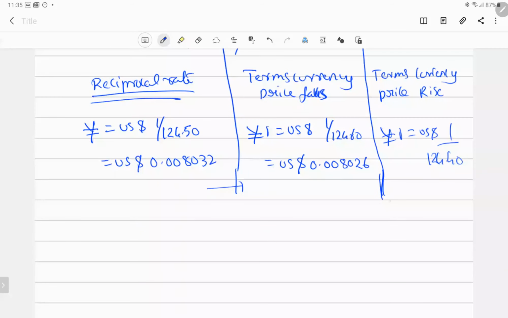How much are we getting? 0.008038. You can round off and put it to 9. So now you're getting the theoretical part that we have discussed here.